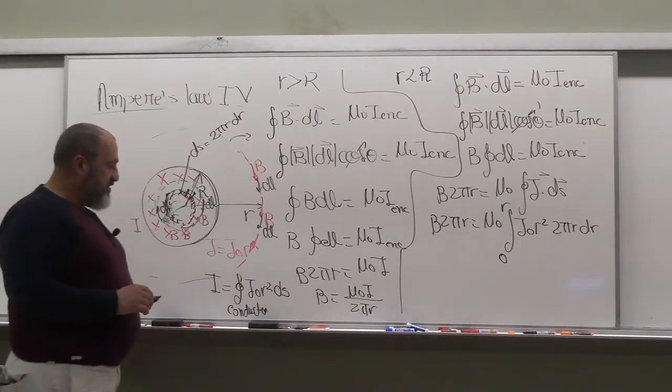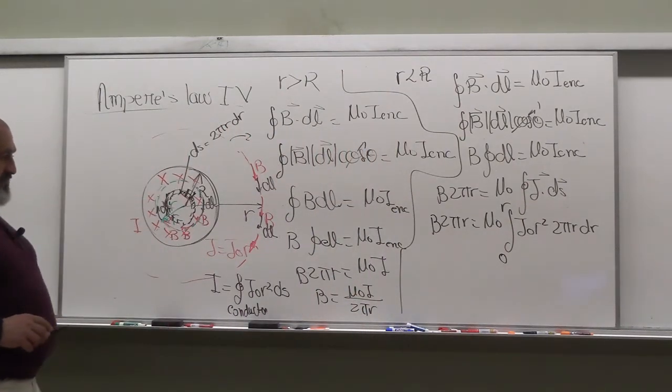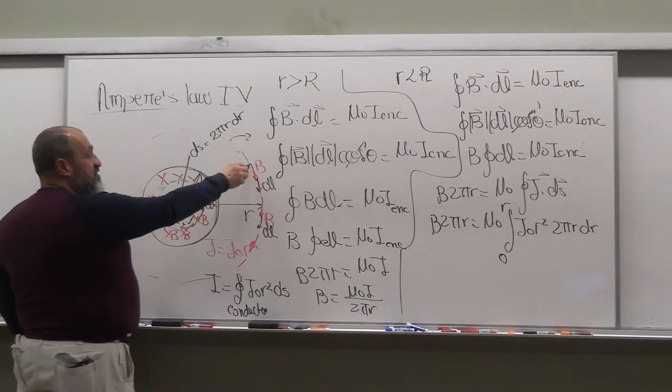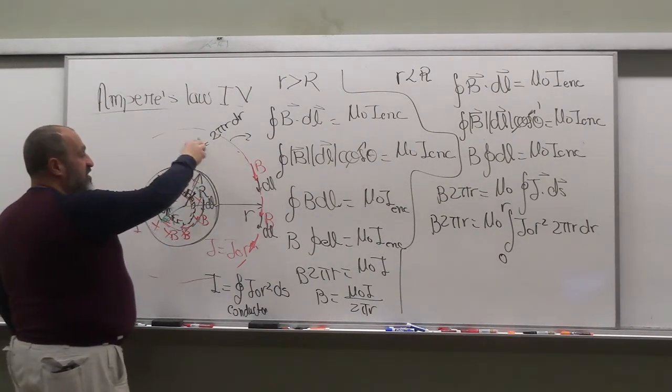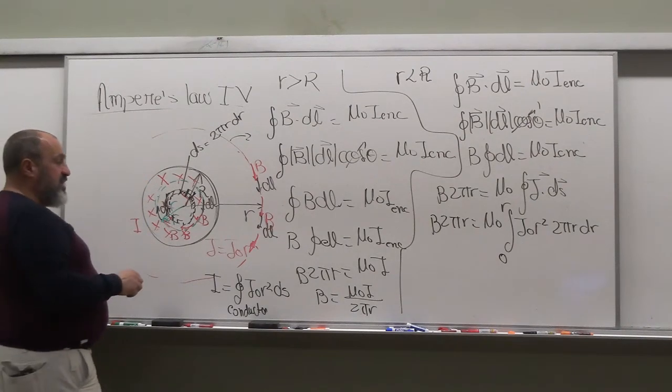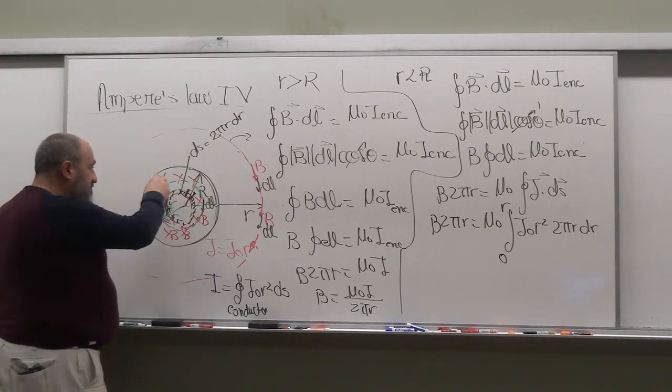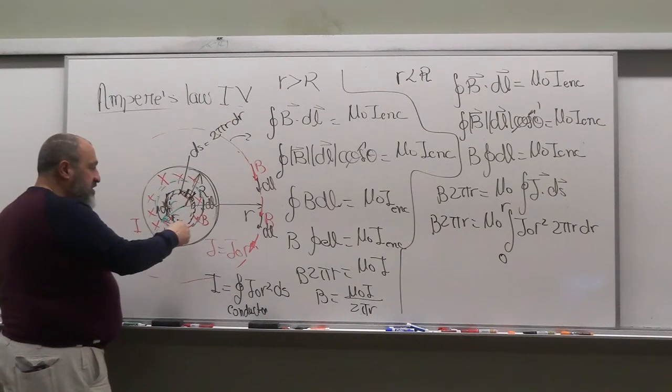If you're doing the field calculation for the field outside the conductor, you want to calculate the current enclosed in this Amperian loop. That's the total current. Pay attention here.